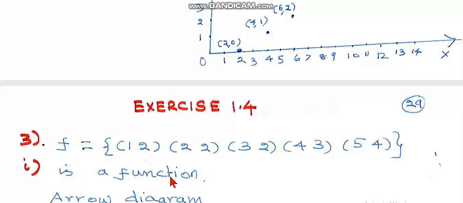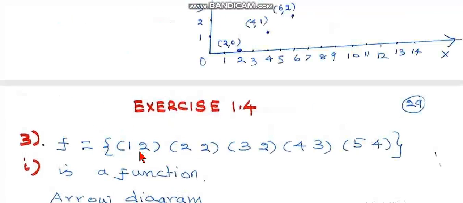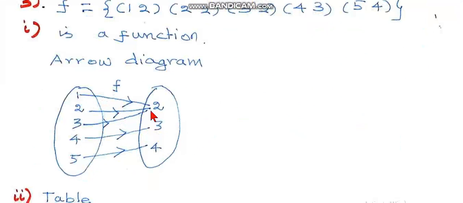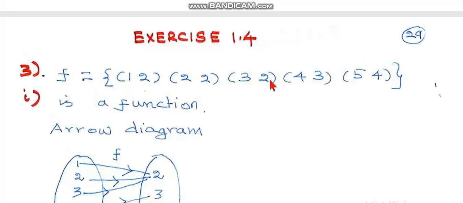Number 1, you have to draw the arrow diagram. 1 corresponds to 2, 2 corresponds to 2, 3 corresponds to 2, 4 corresponds to 3, 5 corresponds to 4. So this is the arrow diagram. Then in the form of a table, the values of x are 1, 2, 3, 4, 5 and the f of x values are 2, 2, 2, 3, 4.